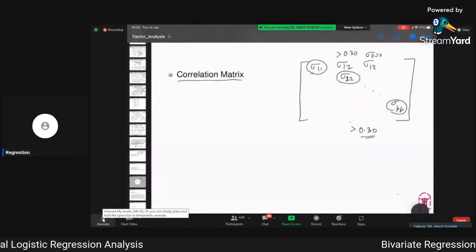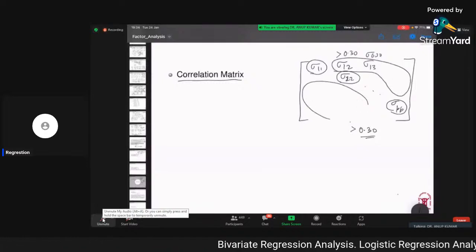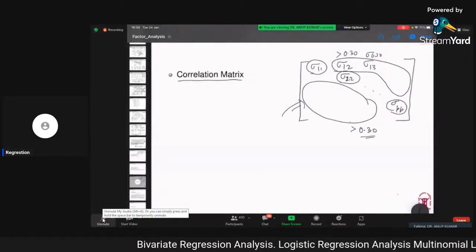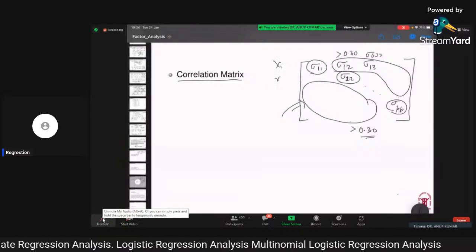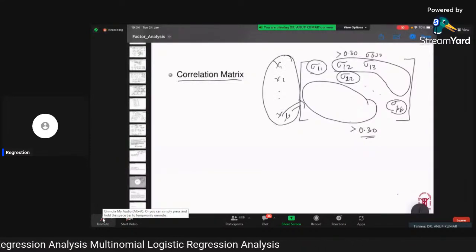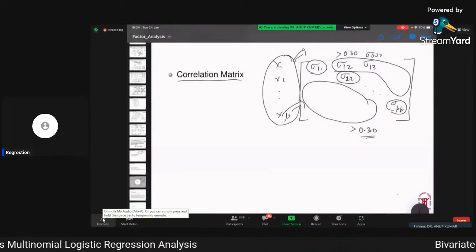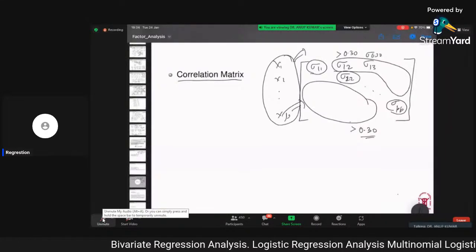If you observe that all these quantities are more than 0.30, then this x1, x2, up to xp is good data for doing factor analysis. So this is the first check by which you can go for factor analysis.